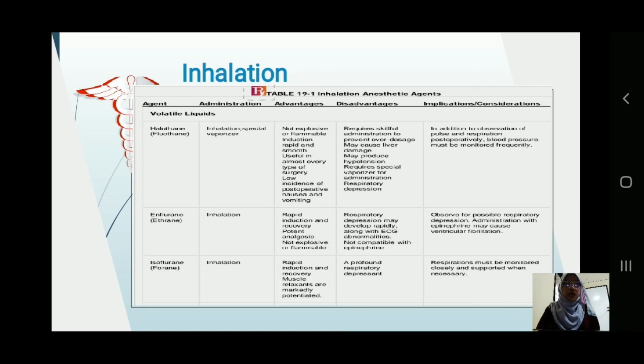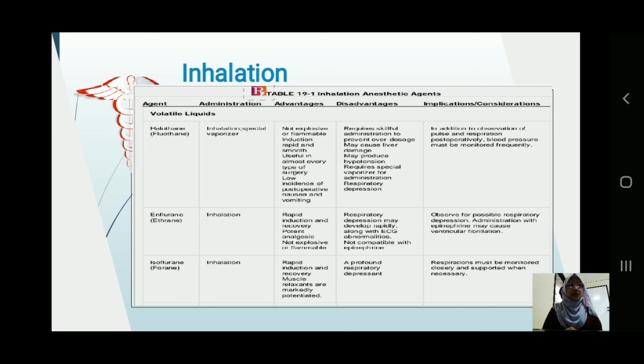So for the volatile liquids, we have fluothane. The administration is by inhalation with a special vaporizer. The advantages are: not explosive or flammable, induction rapid and smooth, used in almost every type of surgery, and low incidence of post-operative nausea and vomiting.